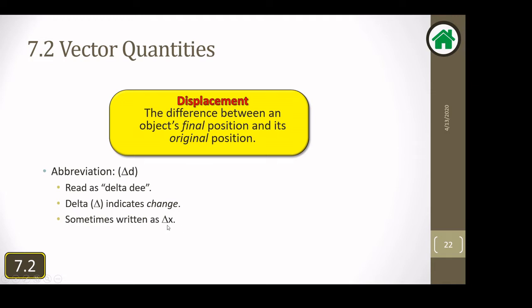If you go online looking for some extra help, you may see somebody indicate that the displacement is delta x, and that's fine too. They just mean something is moving along an x-axis, and the delta x is how far it travels along that x-axis. So delta x and delta d can both be symbols for displacement.